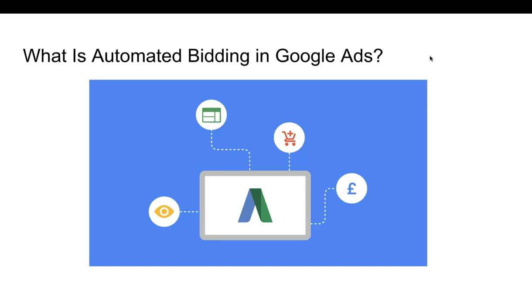This is the technology that helps advertisers of all sizes get the most out of their ad spend and achieve their marketing objectives, whether that's getting more leads, higher sales, or better brand visibility.